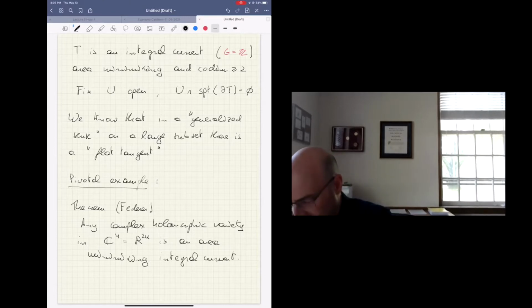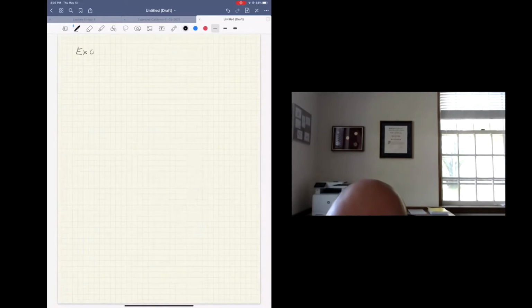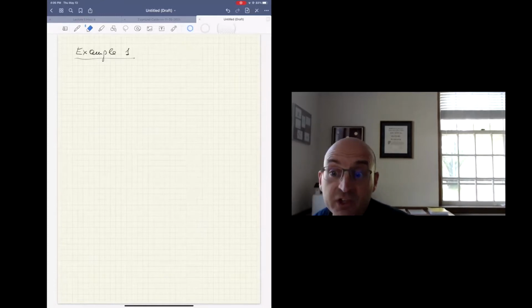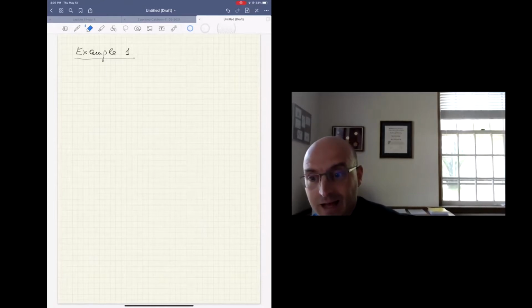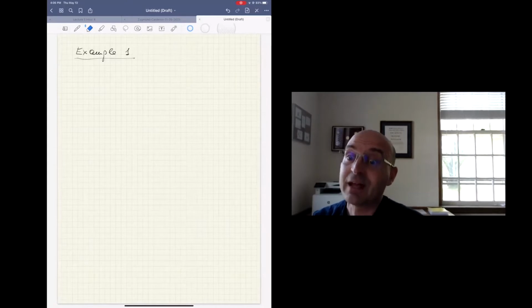Okay, so this in particular gives us two examples which are going to guide our intuition of how our flat singular points can actually look like, which are the enemies. I can't show that the flat singular points are absent, but what I want to show is that there is a limited number of them.